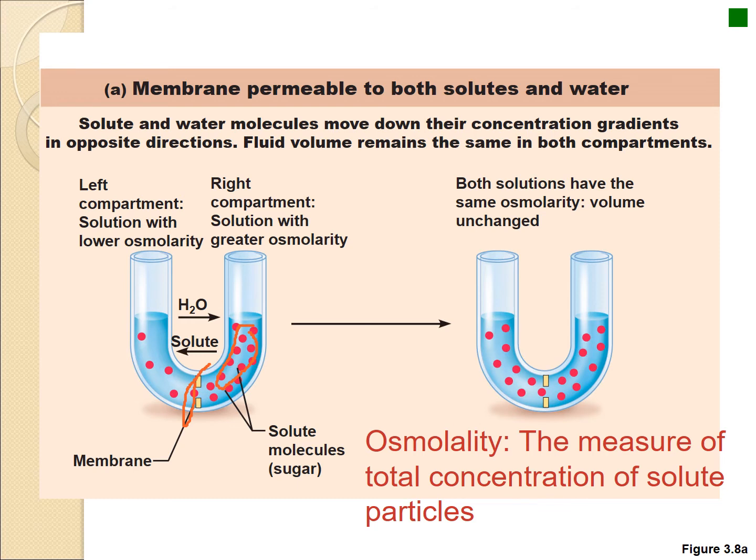Two things could occur here. Assuming that the particles can move through that little gap, they're going to make this equal. And what we mean by make equal is three of these can move in, but one of these might move out. But the overall net direction is these particles are going to equilibrate.